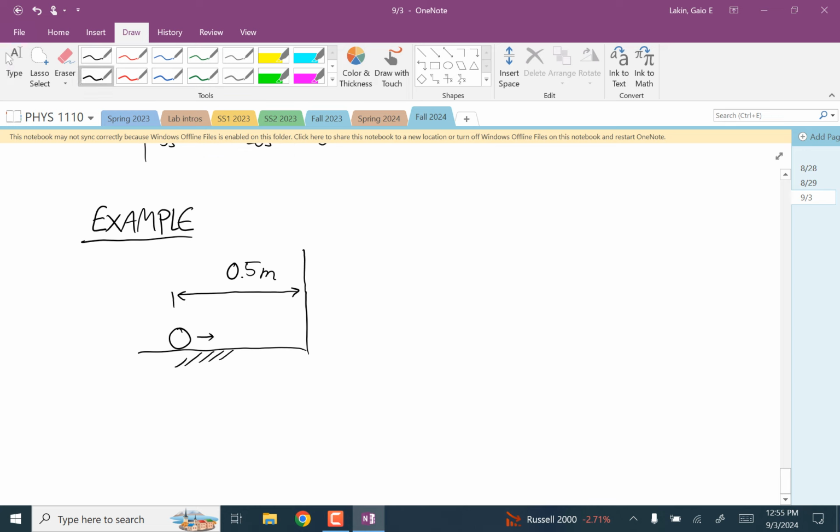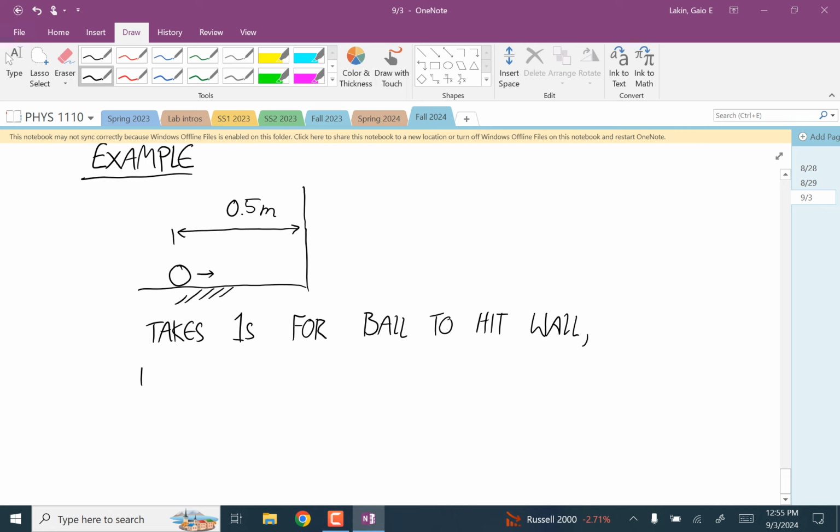And let's say it takes 1 second for the ball to hit the wall, and then it takes 1.5 seconds for it to bounce back to the starting point.